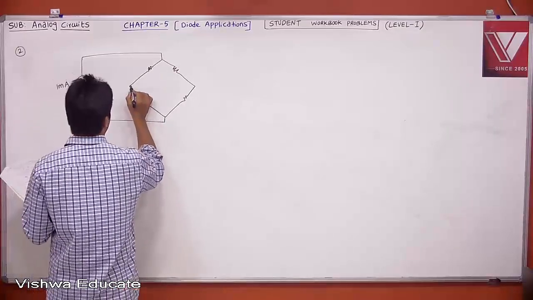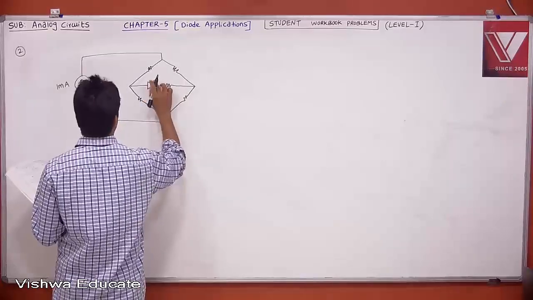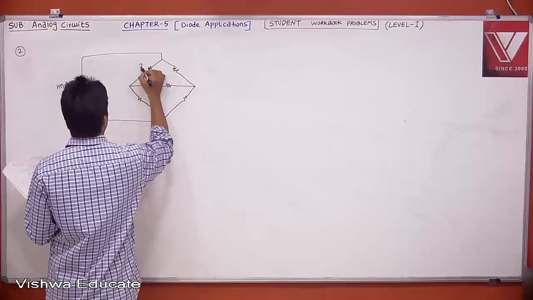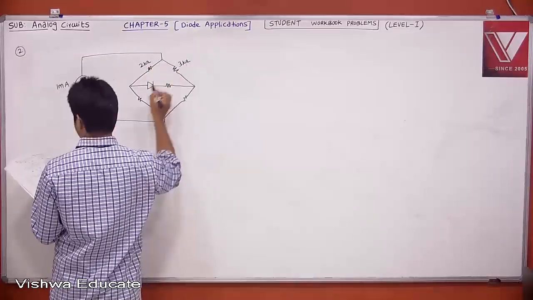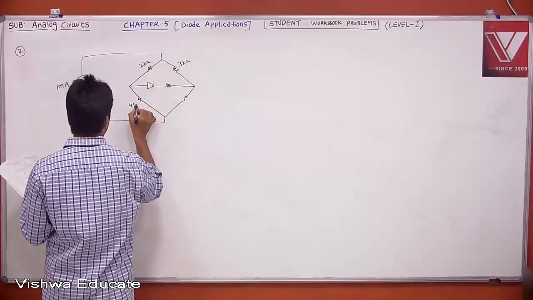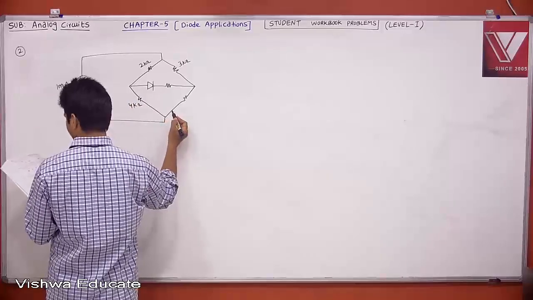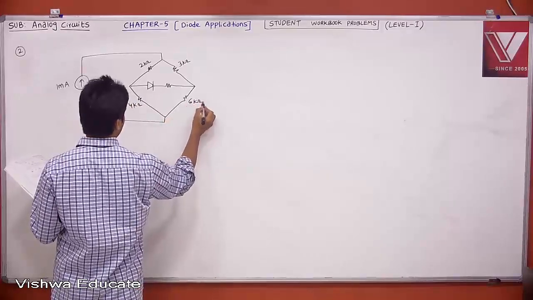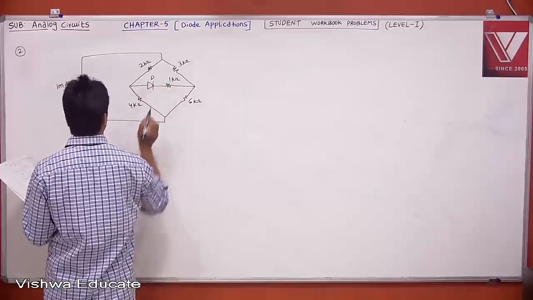And there is a PN junction diode. This is 2K, this is 3 kilo ohm, this is 4 kilo ohm, 4 kilo ohm, 6 kilo ohm, this is 1 kilo ohm, and this is the diode.